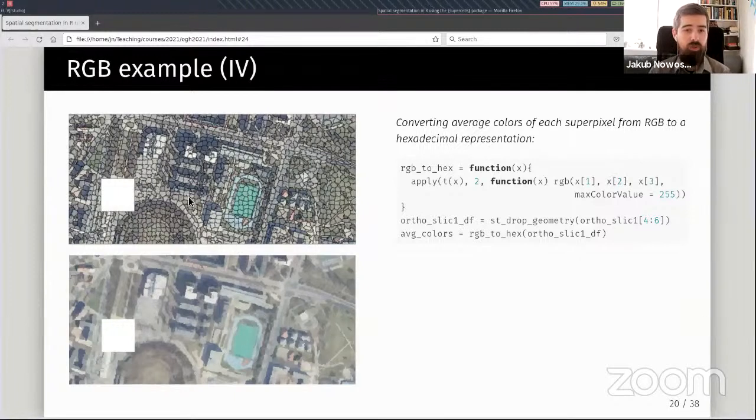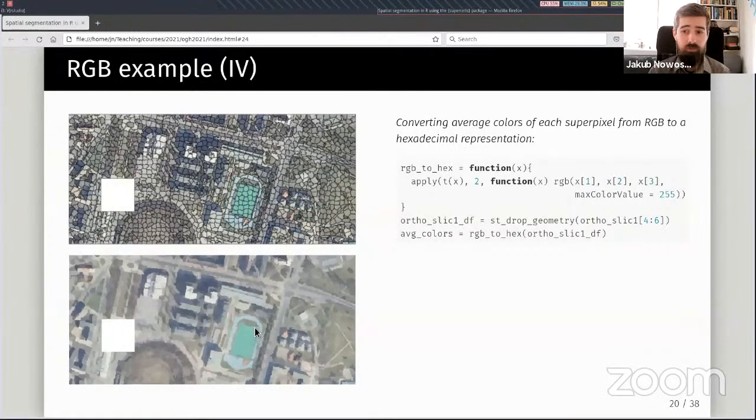So on the top here, we've got the actual true image of this area with our superpixels imposed, while on the bottom, we just use the superpixels, and each superpixel is colored based on its average color.